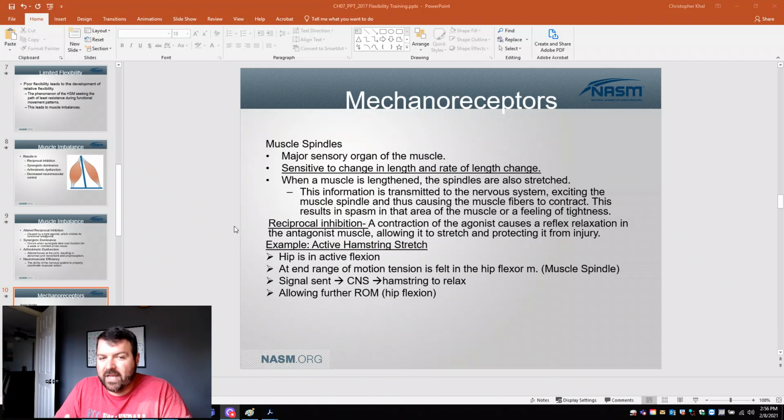Every single muscle has one. So when the muscle is lengthened, the spindles are stretched. This information is transmitted to the nervous system, exciting the muscle spindles and thus causing the muscle fibers to contract. This results in spasm in that area of the muscle or a feeling of tightness.